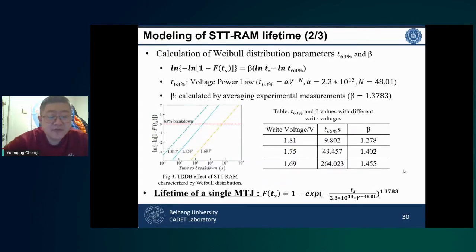With this Weibull distribution, based on the measurements from STT-MRAM prototypes, we get the very important parameters like T63% and the beta values. And with these extrapolated parameters, we can estimate the lifetime of a single MTJ device.